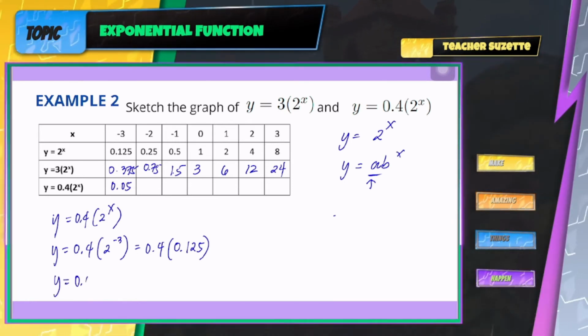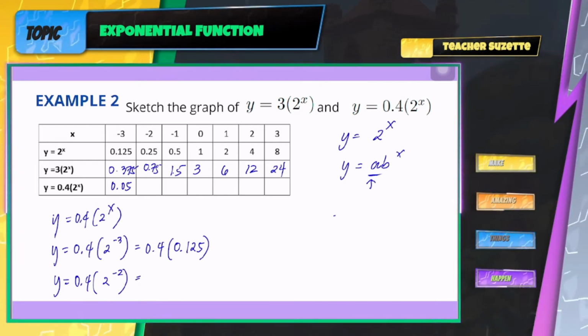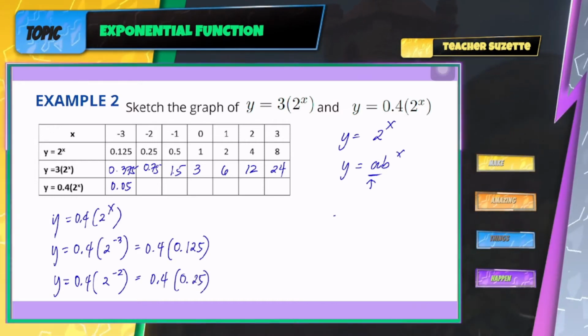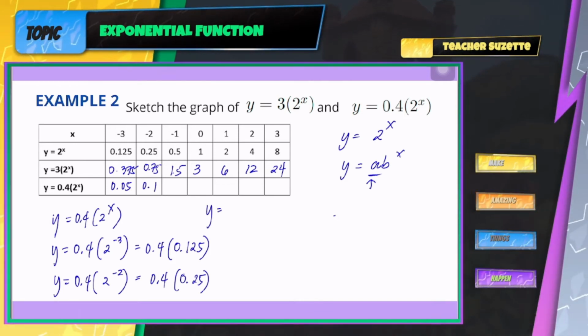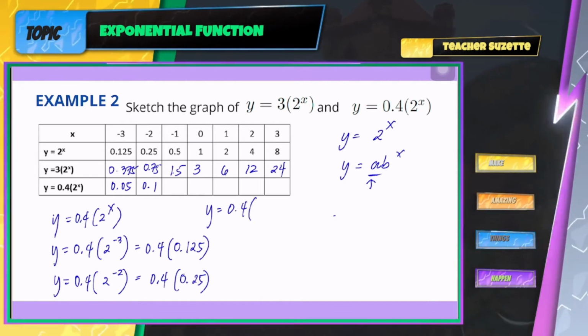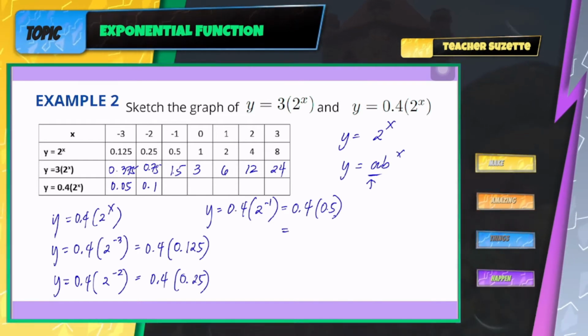Next, let's have 0.4 times 2 raised to negative 2, and 2 raised to negative 2 is equal to 0.25. So, therefore, 0.25 times 0.4 equals 0.1. Next, we have y equals 0.4 times 2 raised to negative 1, and 2 raised to negative 1 is equal to 0.5. So, 0.4 times 0.5 is equal to 0.2.